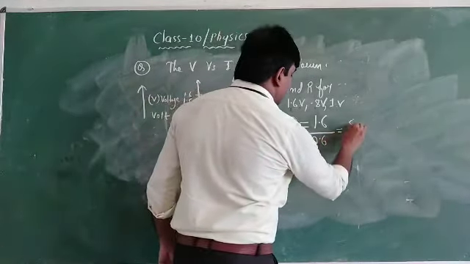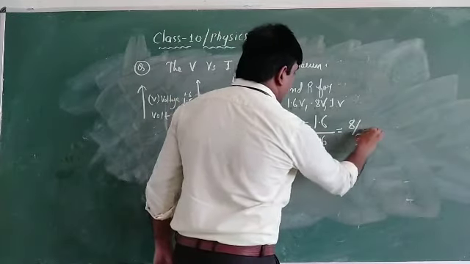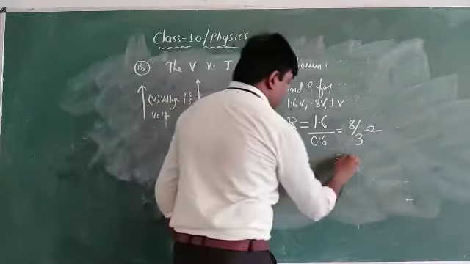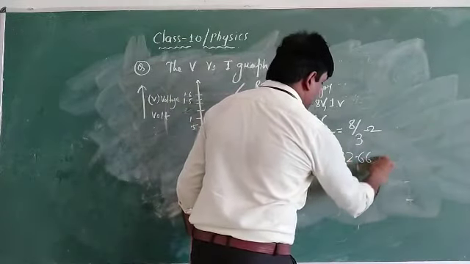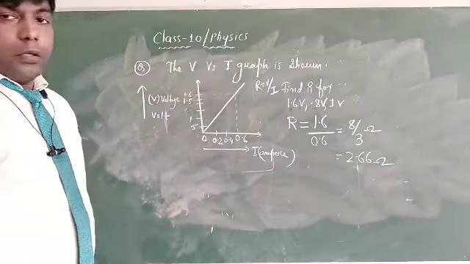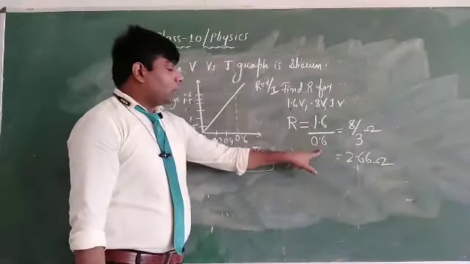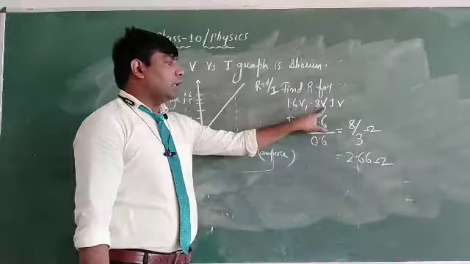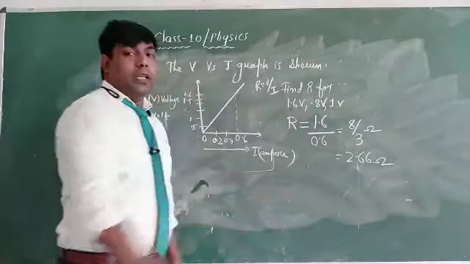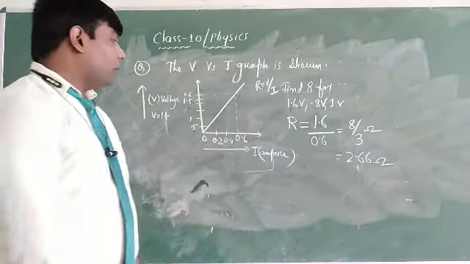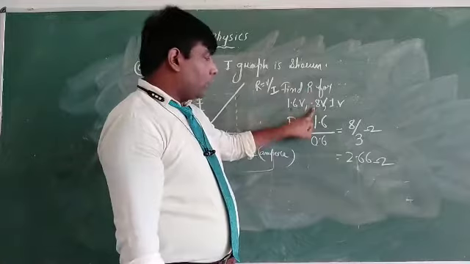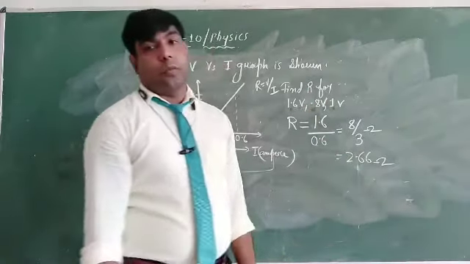That is equal to 8 by 3, or you can write 2.66. Now see, this resistance will be the same for 0.8 volt and 1 volt. Why? Because the graph is linear, that is, the graph is uniform. So the resistance for 0.8 volt and 1 volt will be how much? 2.66.